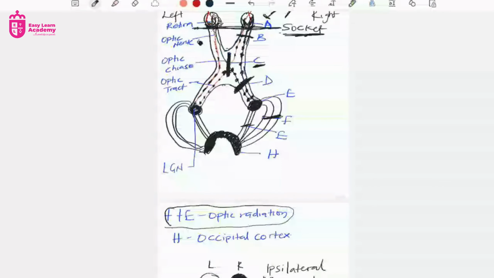It does mean that if F appears on a visual field, it won't appear full because it's just one part of it. So if it was supposed to appear like this on one side, it will appear like this because E is the other part. So this will be E, this will be F. Does it make sense to everybody?